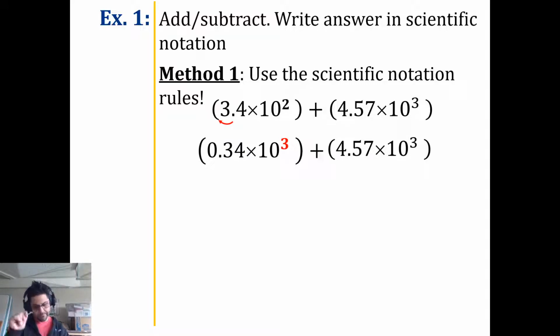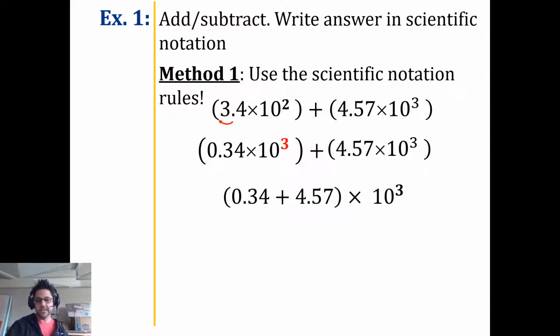When you add those together, you have 4.91 times 10 to the third power. Now remember, we double check that our final answer looks good, meaning it's the 1 through 9 option. 4.91 is totally satisfactory. We have an exponent of 3, so we are good to go.